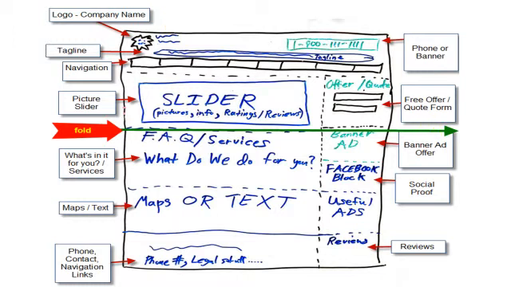Now, don't let this freak you out because if you want to keep it basic, you could have the logo, the tagline and the navigation bar, and you could have the slider and maybe a banner ad and a bunch of content. You really don't have to have every single thing, but if you really want to take it to the max, then study this layout.